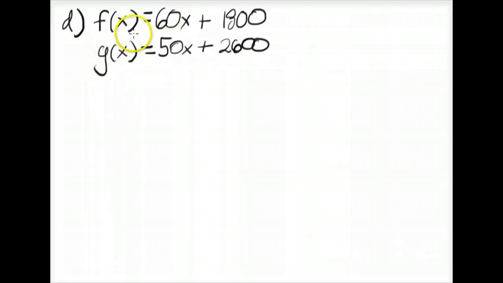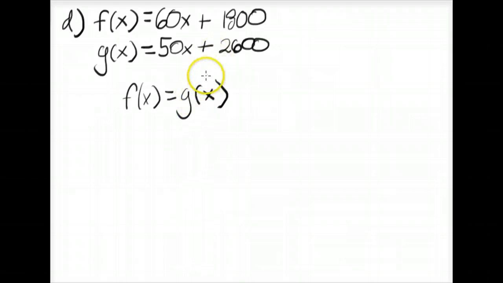So to find the time when the value of both units are going to be the same, we're going to want to set f of x equal to g of x. At this point, we can just set the two equations equal to each other and then solve for x.